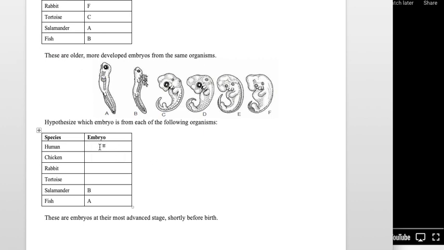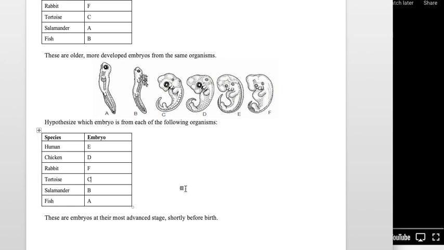Still feel like the human would be E, and the chicken would be D, and the rabbit still looks like F, and the tortoise is C.